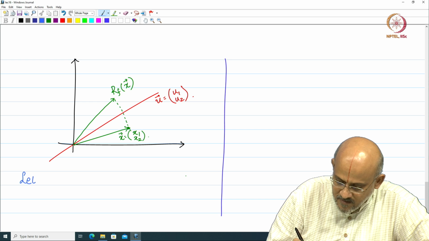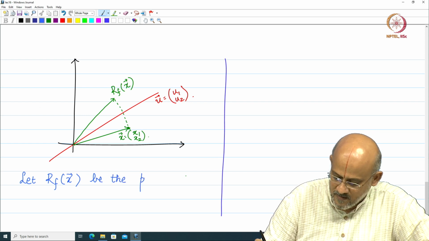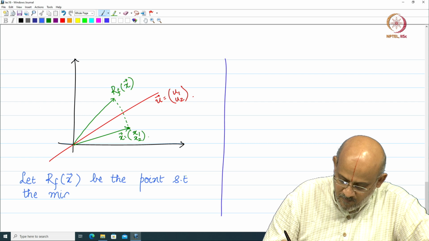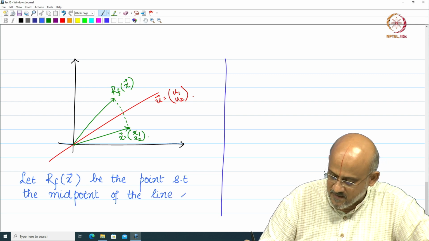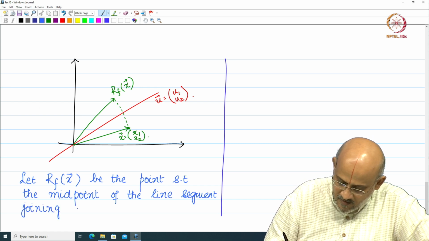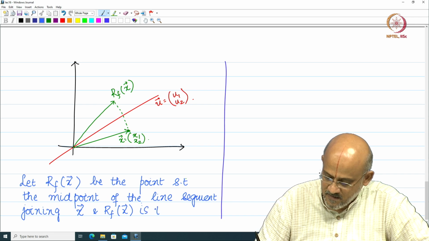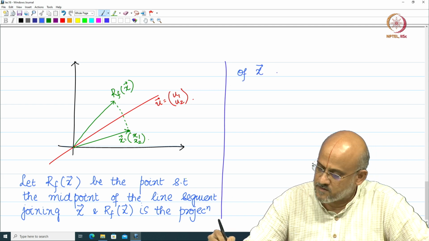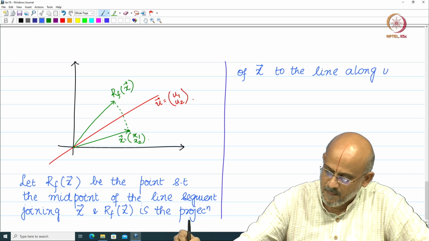Let RF of x be the point such that the midpoint of the line segment joining x and RF of x is the projection of x vector to the line along u, right.